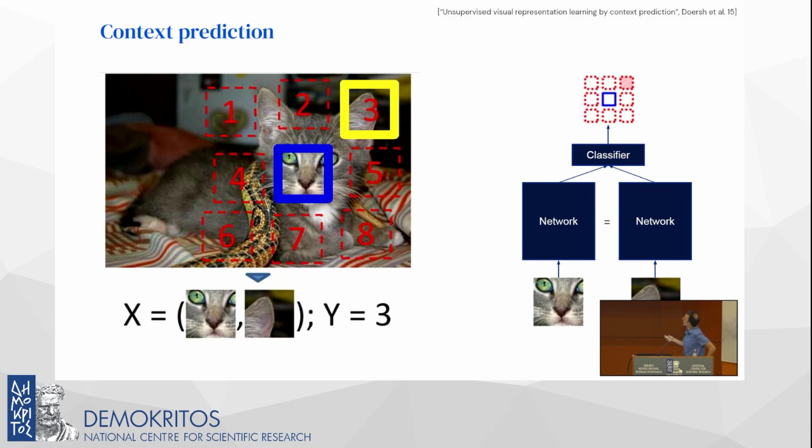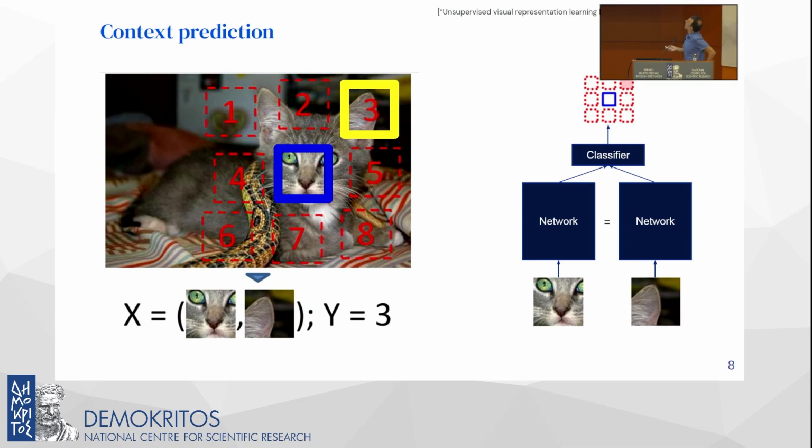So you get these 2 patches here, let's say the blue and the yellow. You pass them through the same network, so these 2 networks share weights, okay? And then you train a classifier on top to predict the correct relative position. Again, it's a classification problem with 8 possible classes because you have 8 possible neighboring positions.